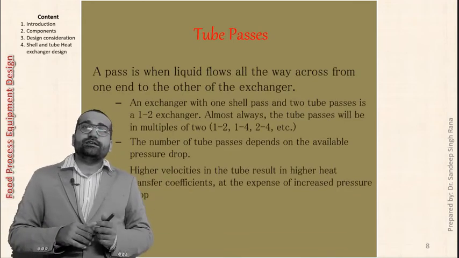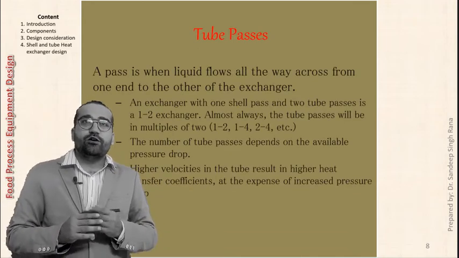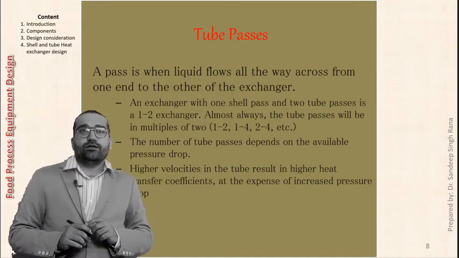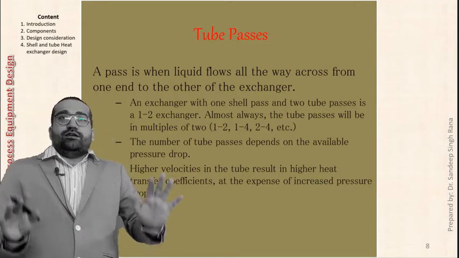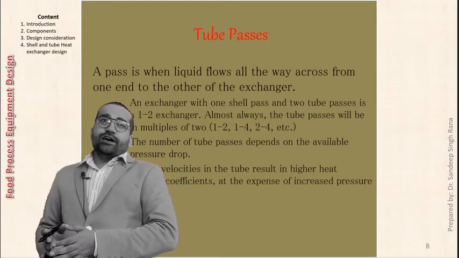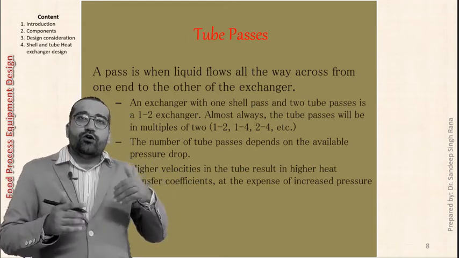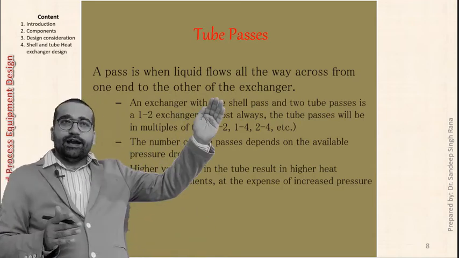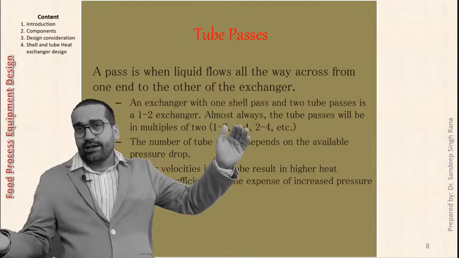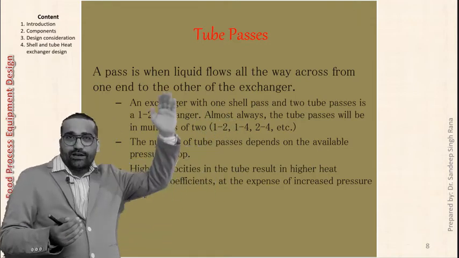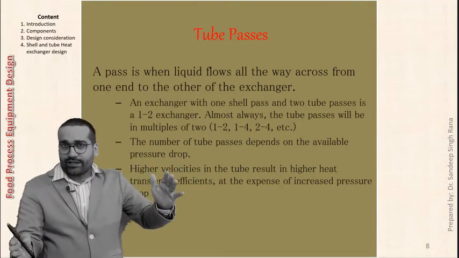After designing the number of tubes, we go for the tube passes. What do you mean by tube pass? If we go by definition, a tube pass is when a liquid flows all the way across from one end to the other end of the heat exchanger.